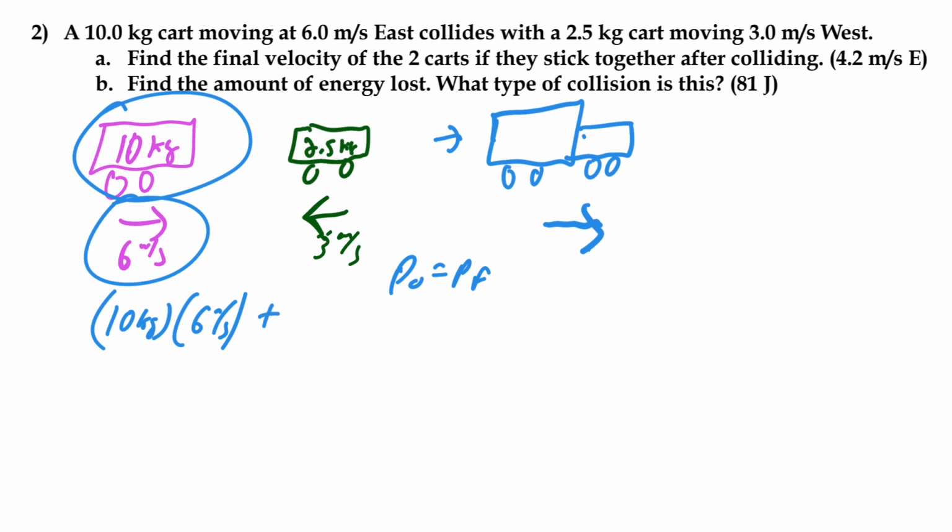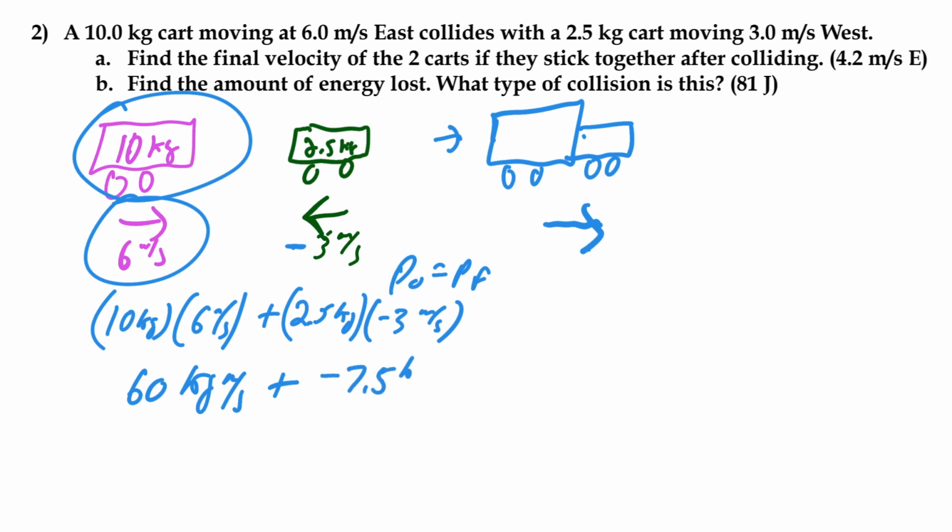The second one is 2.5 kilograms. Now it is important to notice that it's moving to the left. So even though they don't tell you this, you should be noticing that we have a negative velocity here, and therefore negative momentum. So the first one would be 60 kilogram meters per second. The second one would be negative 3 times 2.5, so that's negative 7.5 kilogram meters per second.